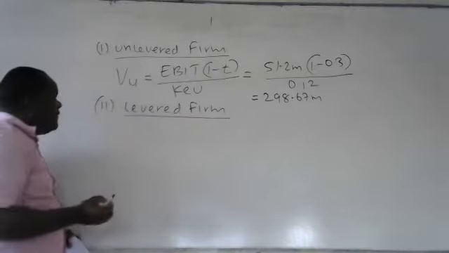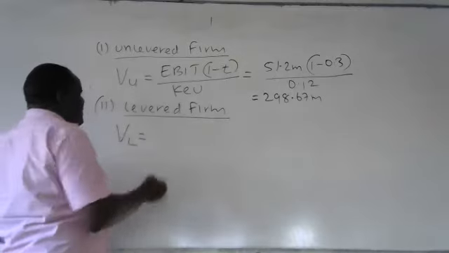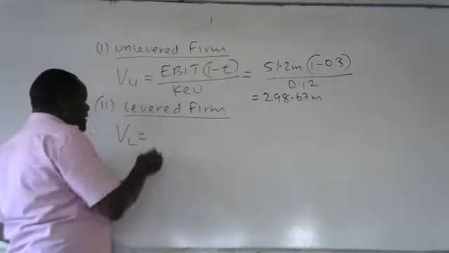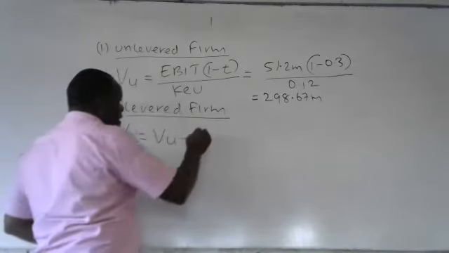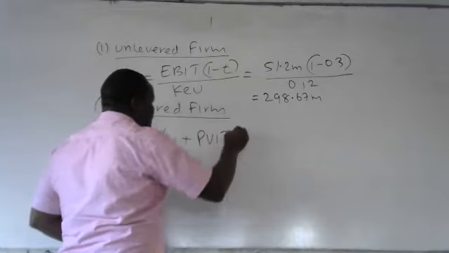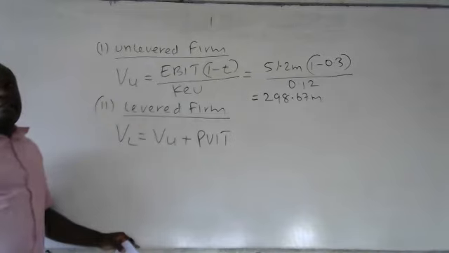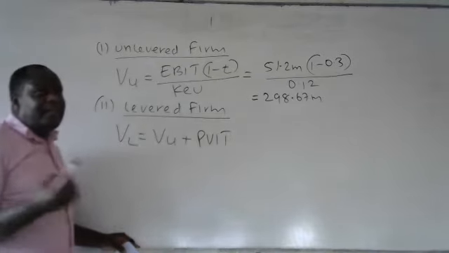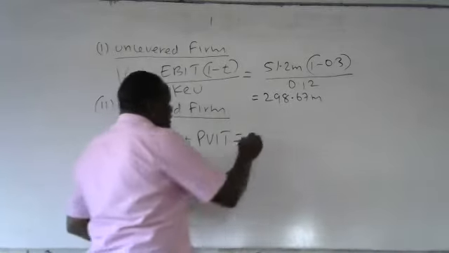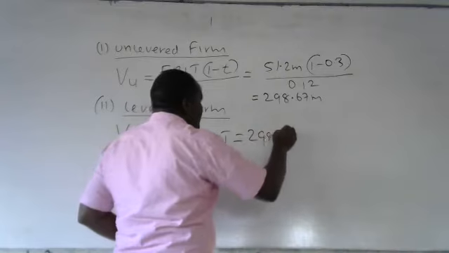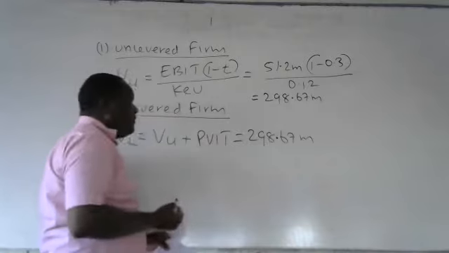For the value of the levered farm, it is given by the value of the unlevered farm, then we add the present value of the interest tax benefit. The value for unlevered is 298.67 million.